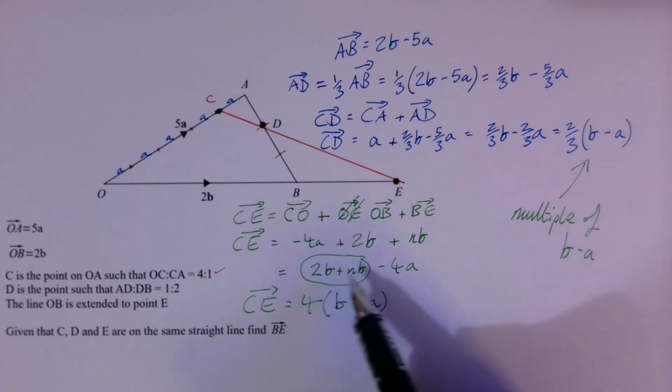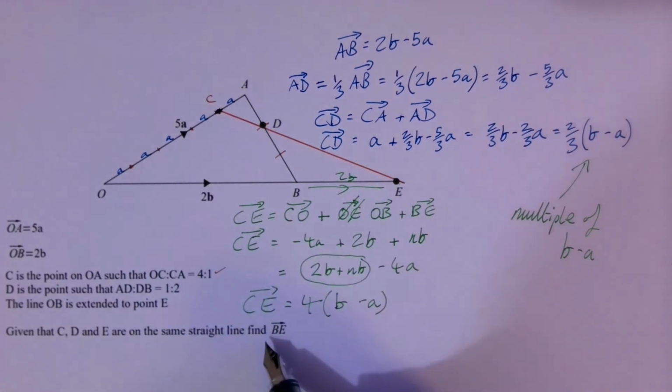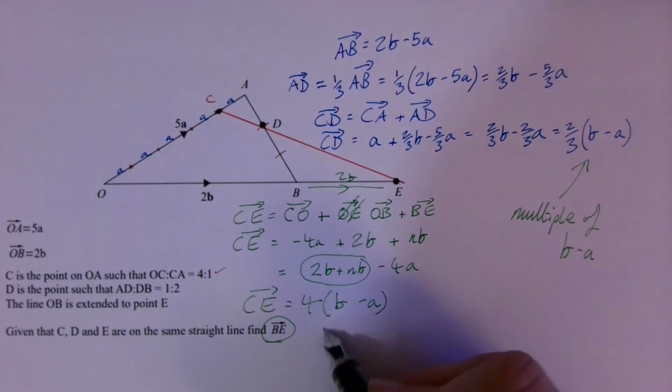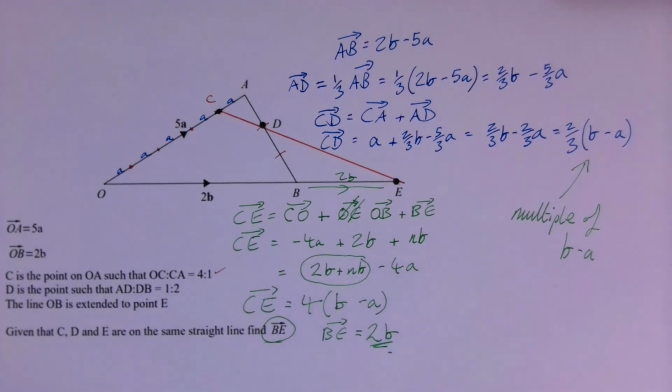Well, if we've got 2B, then this bit here must also be 2B. And that is the answer to the question that we wanted, which was BE. So BE is 2B. And that's all it is, folks.